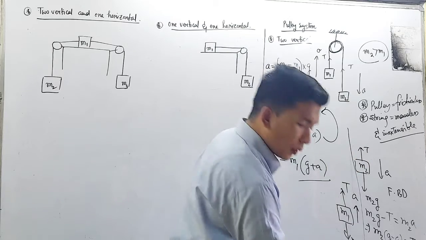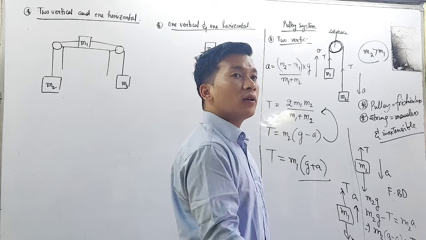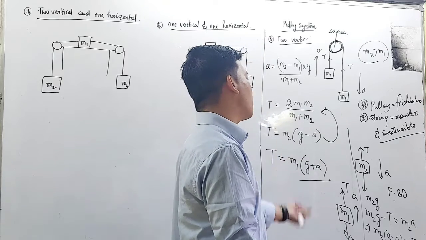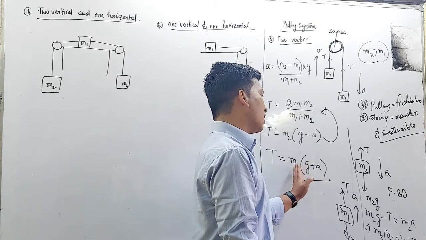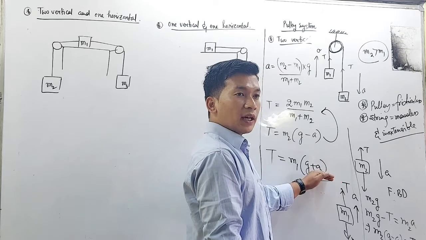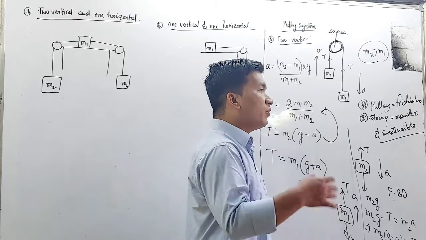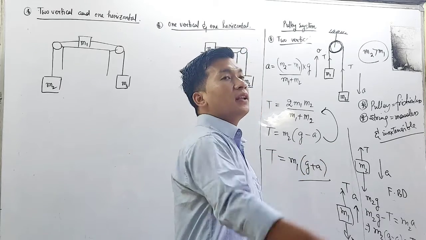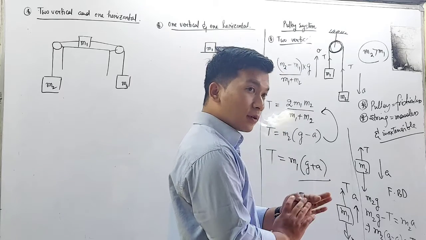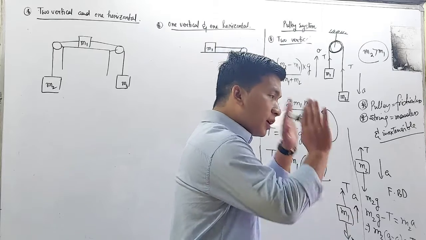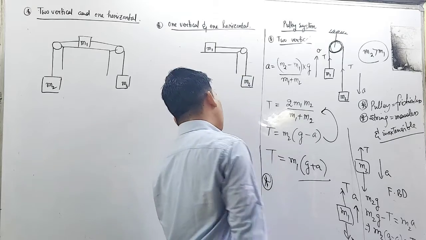When we pull up anything, it feels very heavy, because the actual weight is increased by the acceleration factor. It is mg becoming m(g plus a). Due to the net increase in the acceleration, we feel heavier when we pull up anything.